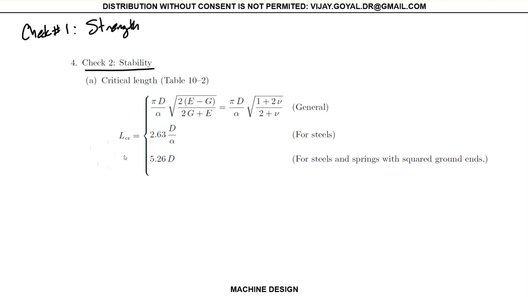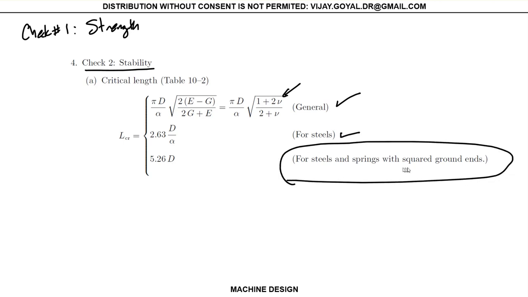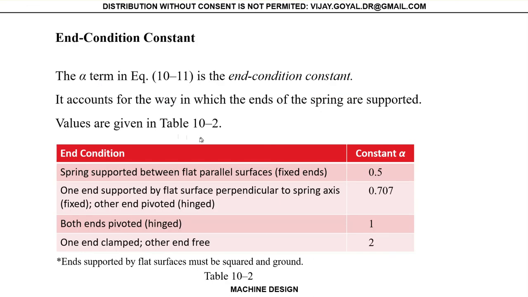To find your critical load, what you will do is find your critical length. You can use any of these equations. This is your Poisson's ratio. This one is general and applies for everything. This applies only for steels, and since most of ours are steels with square ground ends, this value becomes very handy. You may wonder what values to use. The values you're going to use come from table 10.2.